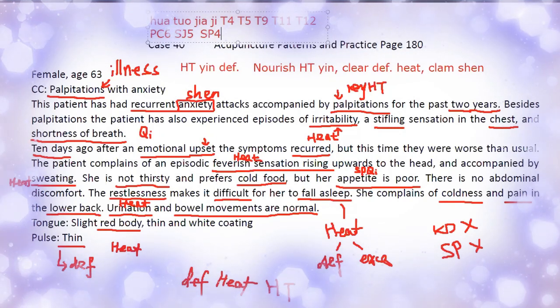We talk about special points: command points, five shu points, luo-connecting points, xi-cleft points, confluent points, influence points, fundamental points, back-shu points. In each treatment plan, we try to pick some powerful special points. Luo-connecting points are very commonly used, and some luo-connecting points also belong to confluent points, meaning they go to the extraordinary meridians.